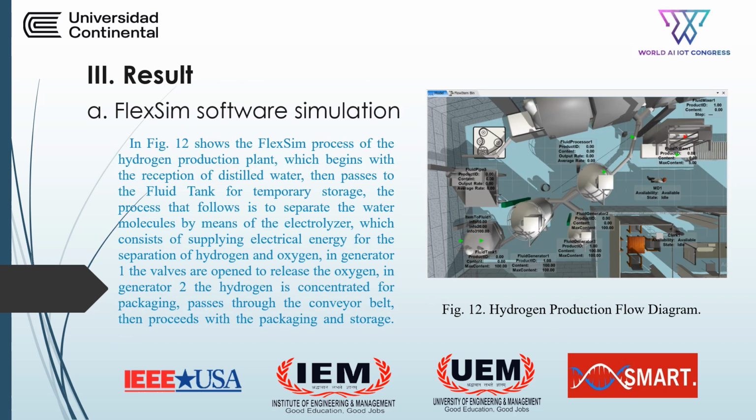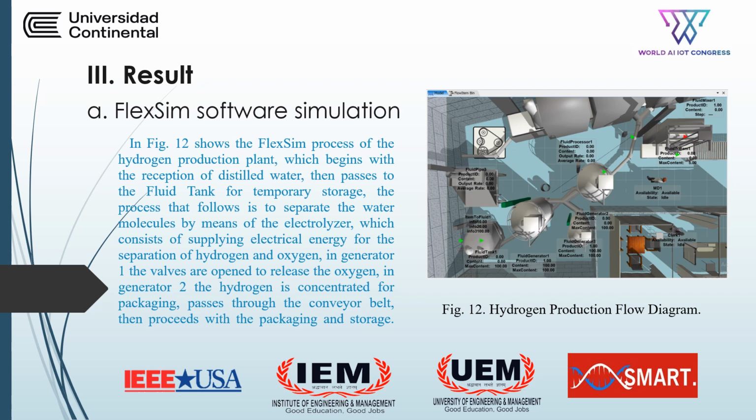About the results, the FlexSim software simulation. This is the plant process in the FlexSim process plane. The production begins with a reception of distilled water, which then passes to the fluid tank for temporary storage.